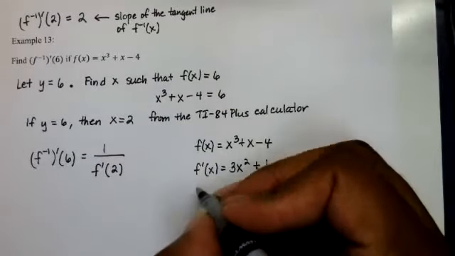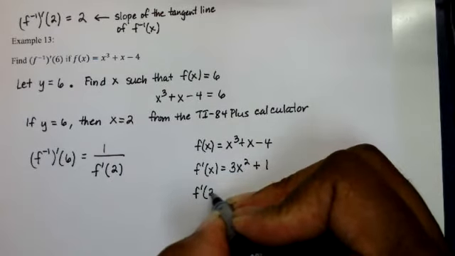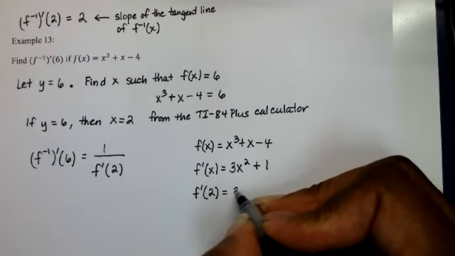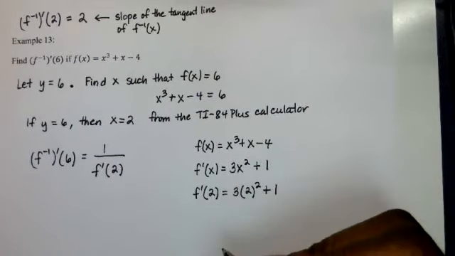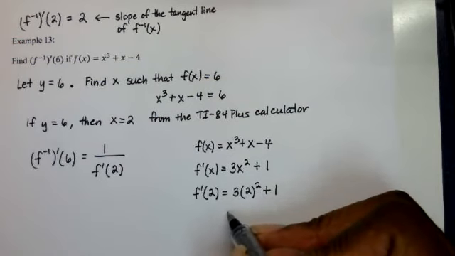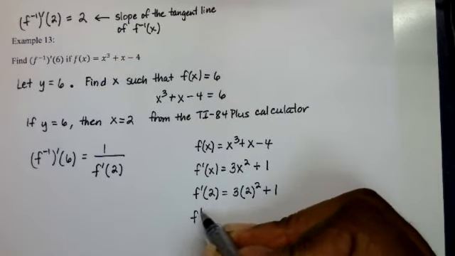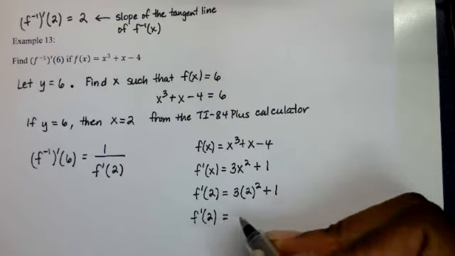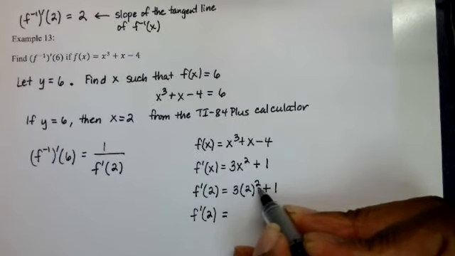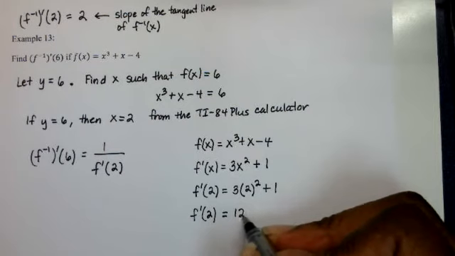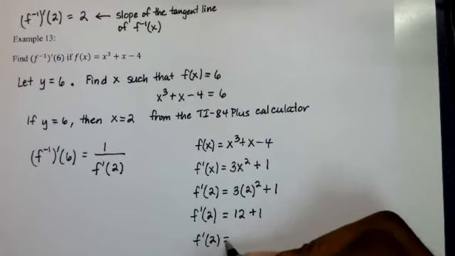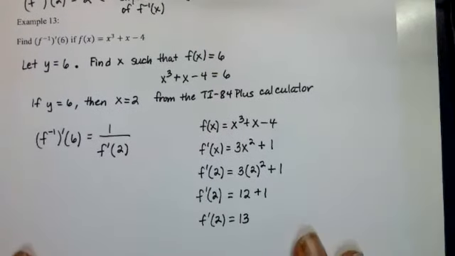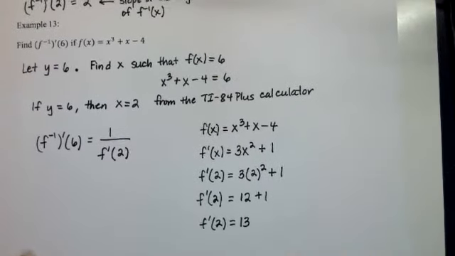And our x value is going to be 2. So we just substitute the 2 in for each x. So f prime of 2 is equal to 3 times 2 squared, plus 1. Now 2 squared will be 4. 4 times the 3 would give me 12, and then 12 plus 1 ends up being 13. So f prime of 2 will be 13.